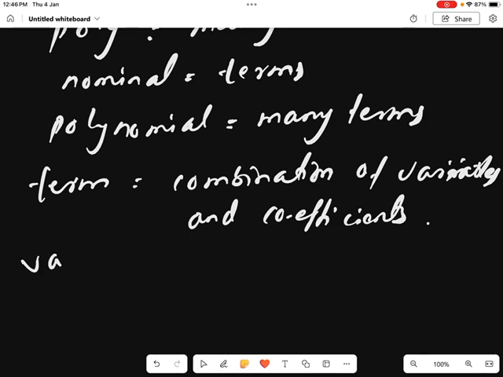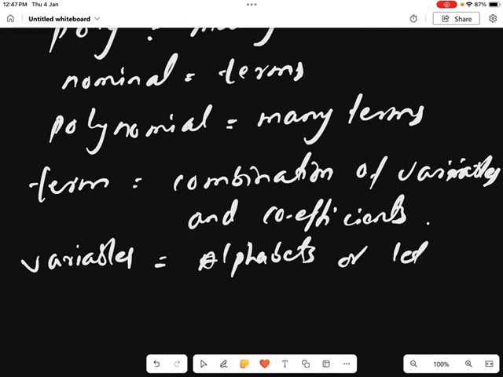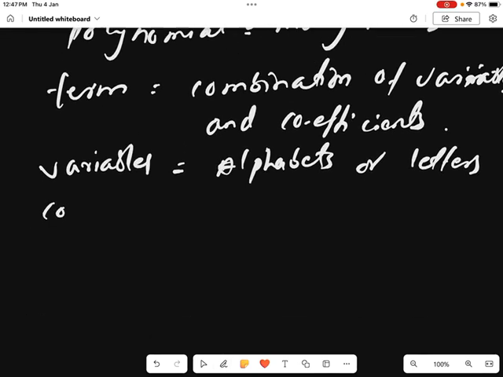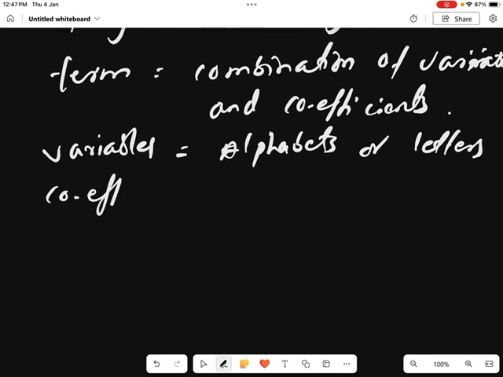Variables means alphabets or letters, and coefficient means number with the variables.